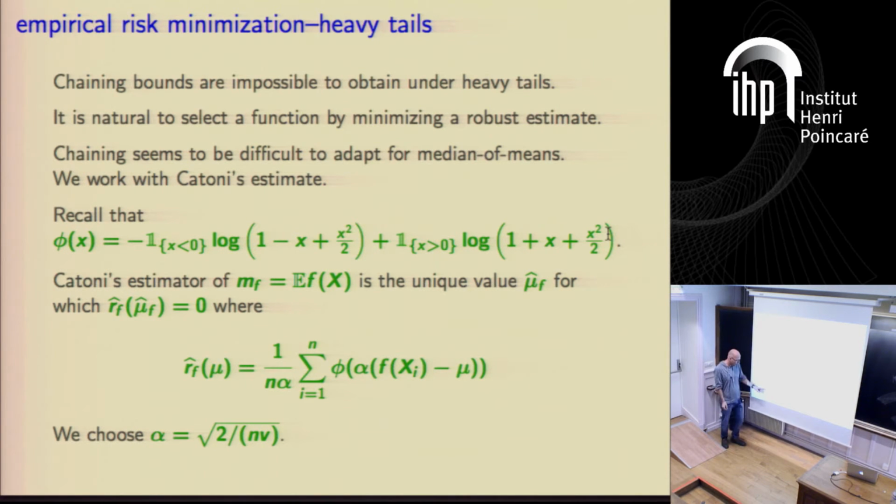Here I choose alpha so that it doesn't depend on delta. Remember that if you really want a sub-Gaussian bound, then the optimal form of alpha should depend on delta. But let's forget about that problem. If we choose this parameter this way, we still have a sub-exponential performance bound. V is an upper bound for the variance, which we still need.